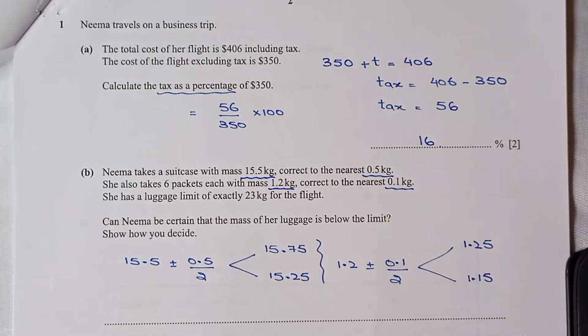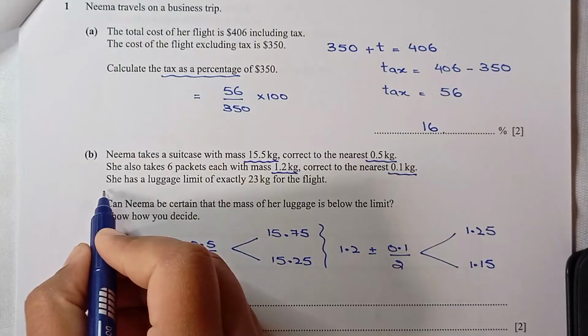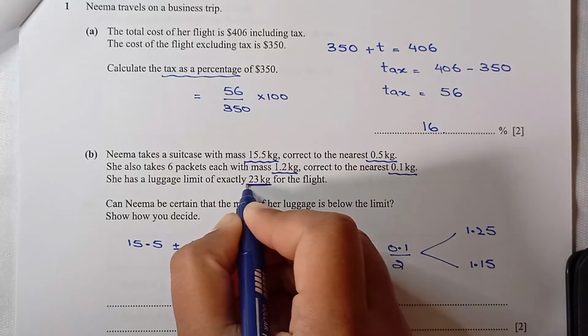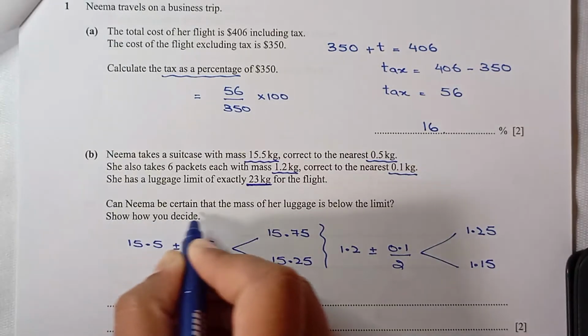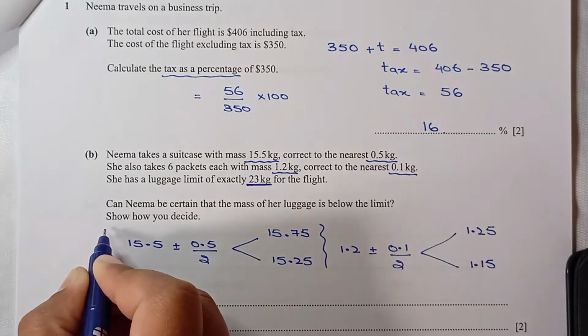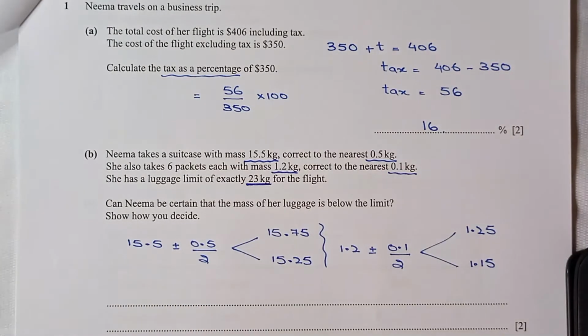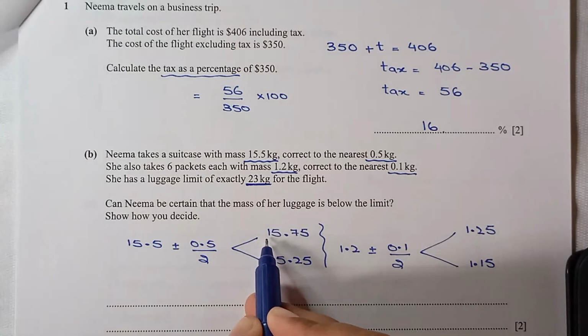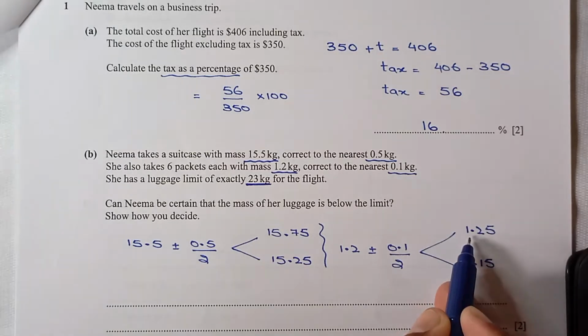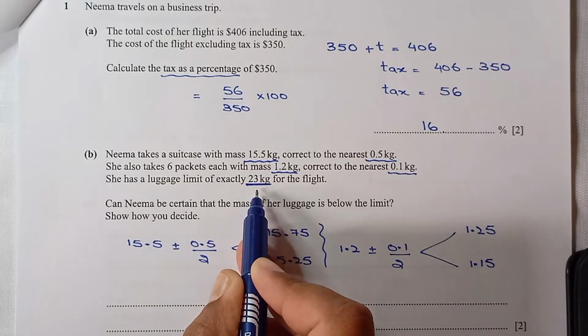Now she has a luggage limit of exactly 23 kg for the flight. Can Nima be certain that the mass of her luggage is below the limit? Show how you decide. Nima can be certain only if the upper bounds of the mass of the suitcase and the mass of 6 packets are equal to or lower than 23 kilograms.